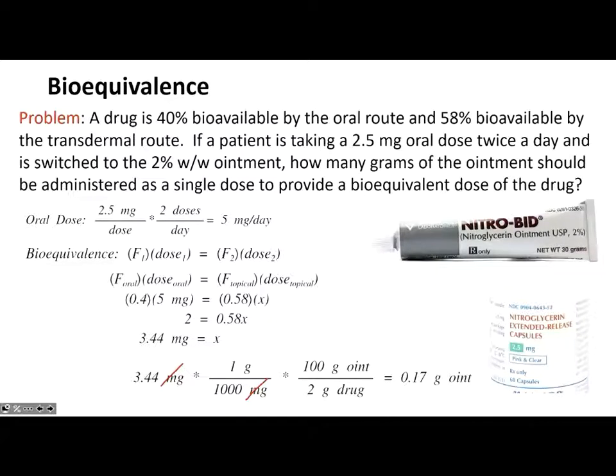So if we multiply it so that the grams of nitroglycerin cancel and we end up with grams of ointment, you multiply that across, and that's where the 0.17 grams of ointment would provide the 3.44 milligrams of nitroglycerin, which is the same as taking 2 2.5 milligram doses.